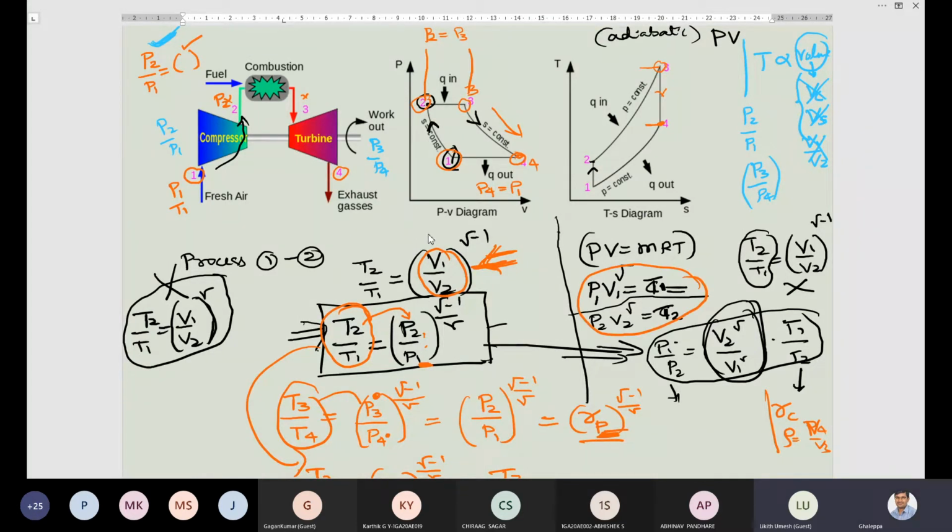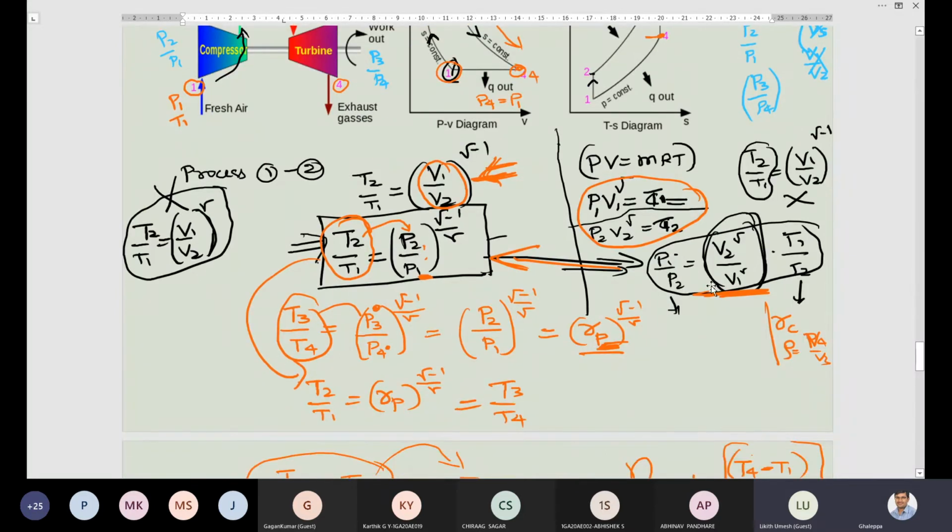You simplify this equation, 100% you will get this. On the right hand side, I have shown you the procedure also, how to convert governing equations of pressure and temperature into volume, or volume and temperature into pressure. You simplify this equation, you will get this. This is for the 1 to 2 process.